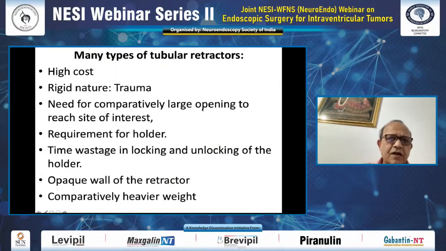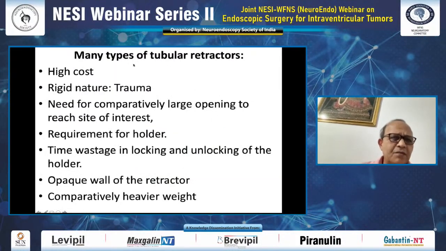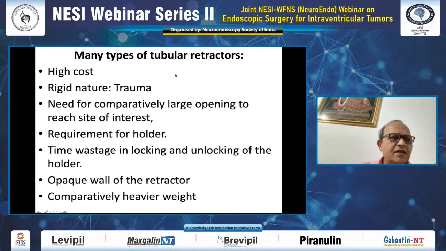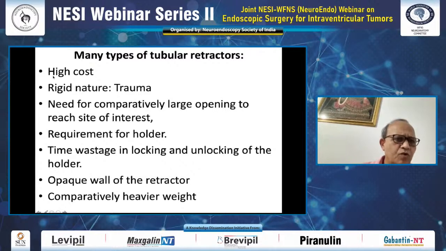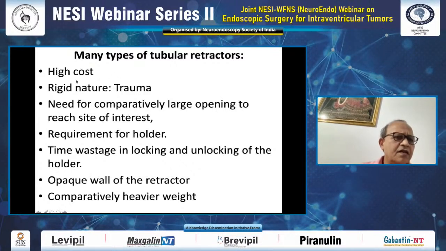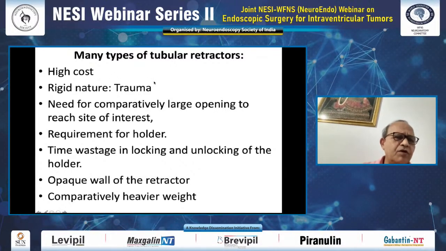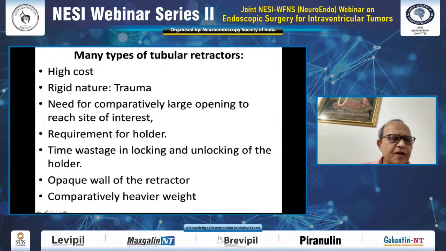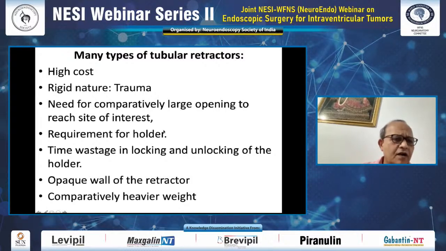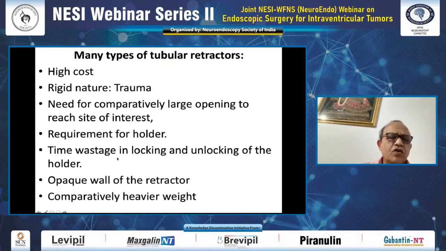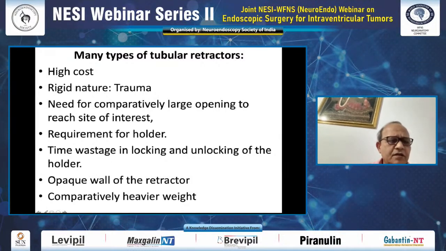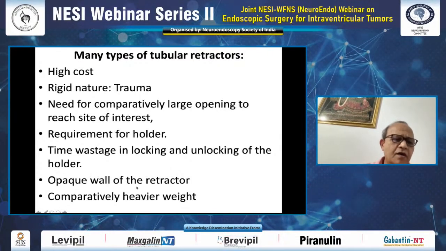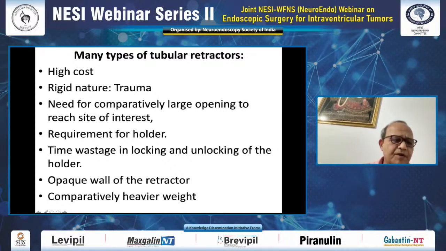We know that there are many tubular retractors available with advantages and disadvantages, but most of them are very costly. They are rigid, so therefore liable to cause trauma, need comparatively larger opening, and require a holder. There is a time wastage in locking and unlocking, and some of them have an opaque wall, and they are comparatively heavier.